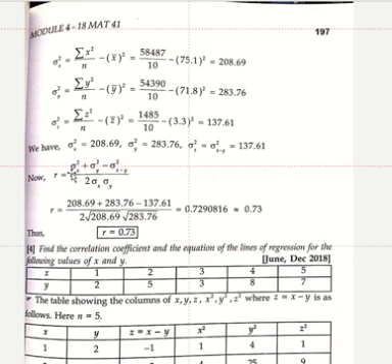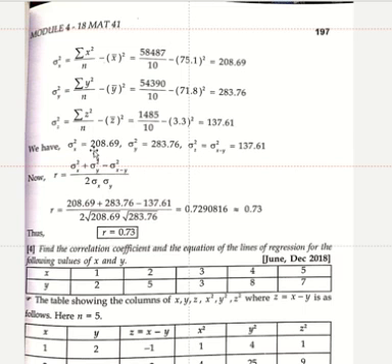Now r is equal to, this is the formula to find the correlation coefficient. R is equal to sigma x whole square plus sigma y whole square minus sigma of x minus y whole square, divided by 2 into sigma x into sigma y. Therefore, sigma x whole square is 208.69, sigma y whole square is 283.76, sigma of x minus y whole square is 137.661, divided by 2 into sigma x. How to get sigma x?